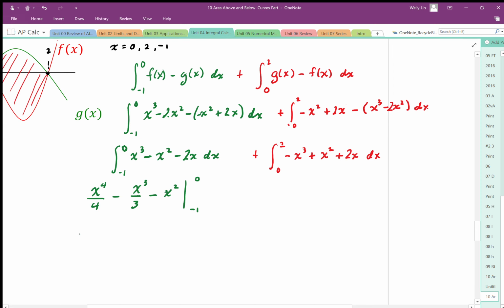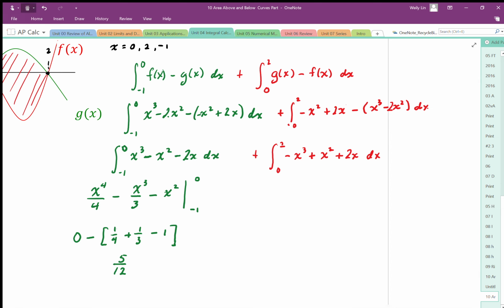When I substitute that in, I end up with 0 minus, this is going to be 1 over 4 plus 1 over 3 minus 1. And so this becomes 7 over 12 minus 1, which becomes negative 5 over 12, so minus a negative is going to be positive 5 over 12.